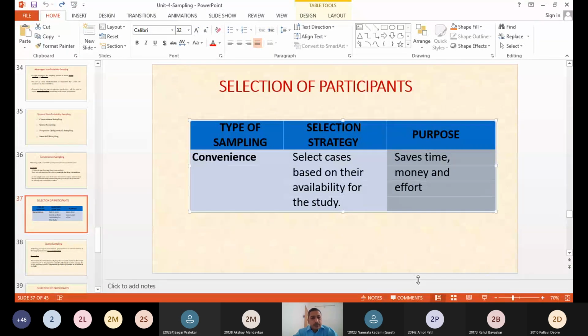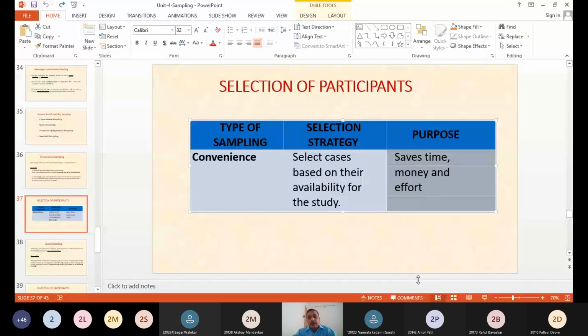The advantage of this method is that it saves the researcher's time, money, and effort, because he is not going to different participants. He is taking a position, standing at a particular place, and collecting the responses of the people who are easily accessible or available.